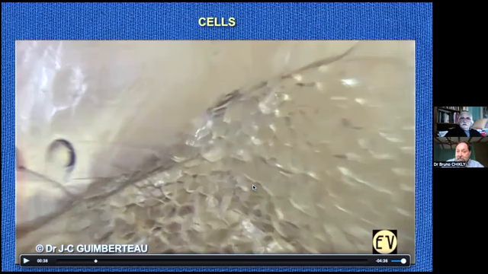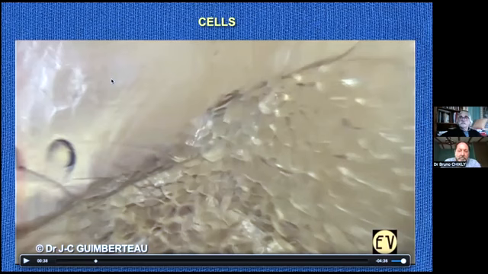Look here, you have cells on one side, and here no cells. So in many places, you have no cells. So the cells are not the only ones responsible for the form of a body.